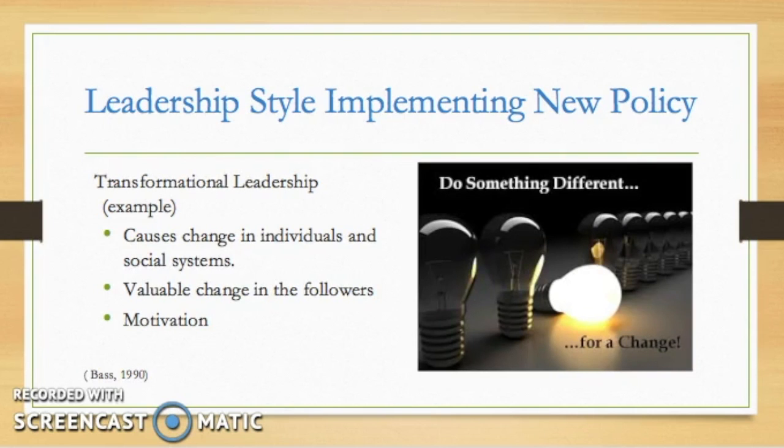How can we relate a leadership theory that reflects the leadership style in implementing new policies?